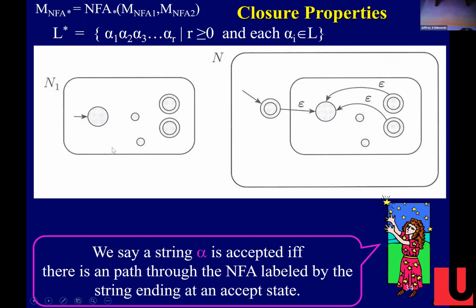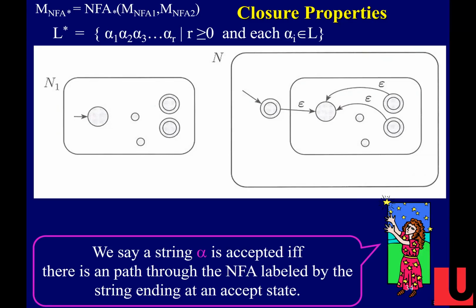I draw it right on the test question. If this is the exact test question, then I make a new start state that's an accept state, and I draw an epsilon transition to the old start state. And then for every accept state, I draw an epsilon transition to the previous start state. That's what I do. Everybody understand what we're doing? From this machine, we build this machine.